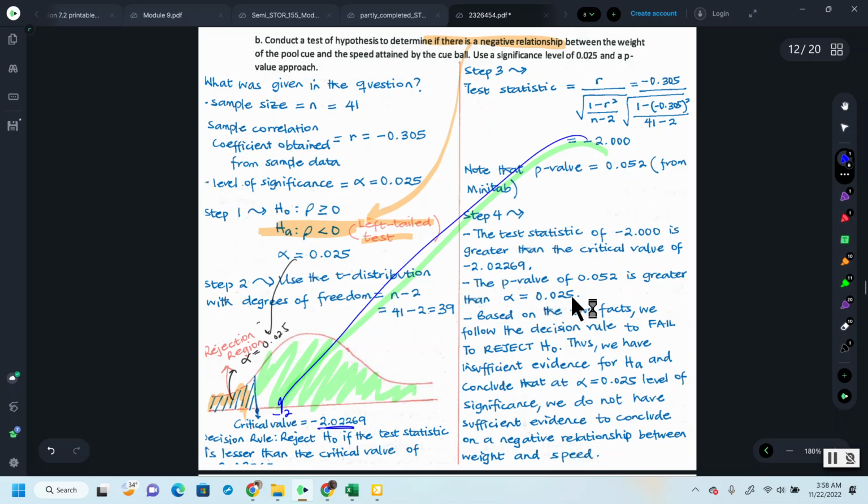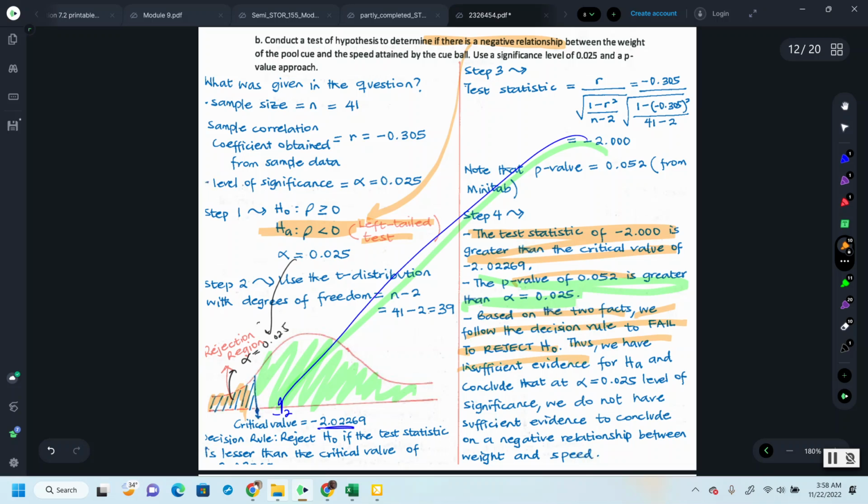Since the p-value is greater than alpha, that leads us to the same conclusion we would have reached if we used the test statistic versus the critical value approach. So, based on these two facts, that negative 2 is not lesser than the critical value, and also that the p-value is greater than alpha, we make the decision to fail to reject the null hypothesis.